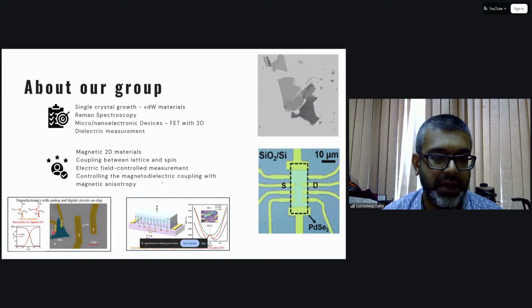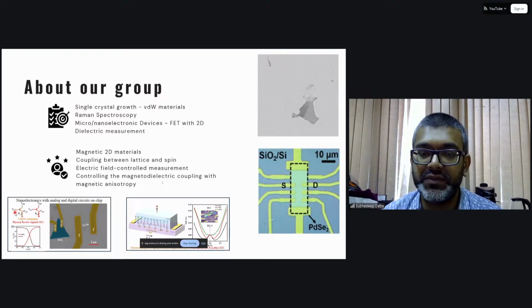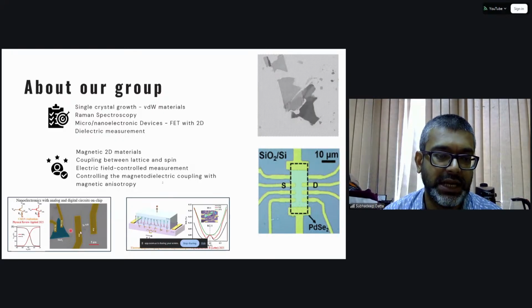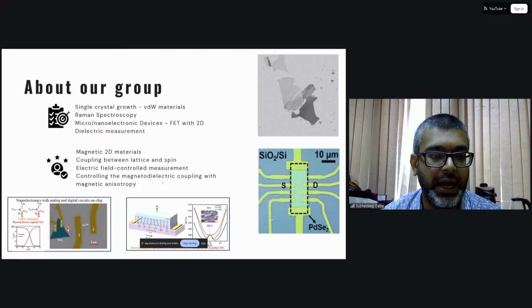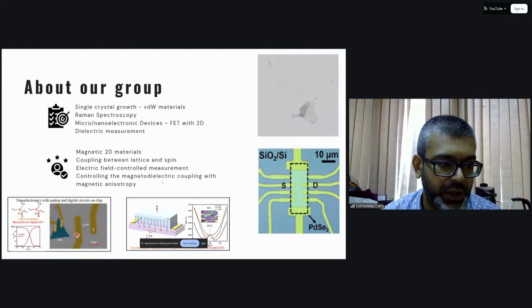As you can see, there can be CMOS fabrication with this. Our recent results show that a 1D nanowire and a 2D material, of which I will be discussing only the 2D, can be integrated to create a PN diode and a CMOS.